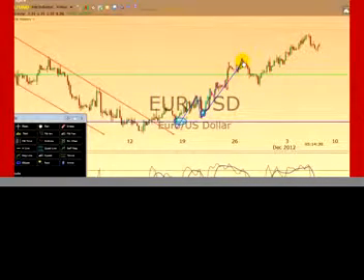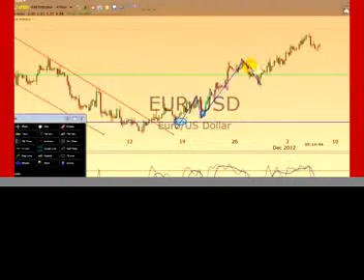And then finally, we have our fourth wave. So first wave from here to this level here, second wave from here down to this level here, and third wave from here to this level here. The third wave in this case is a complex wave, and then the fourth wave from here down to this level here. Now we have a kind of extended fifth wave.